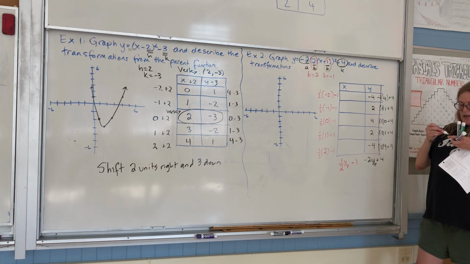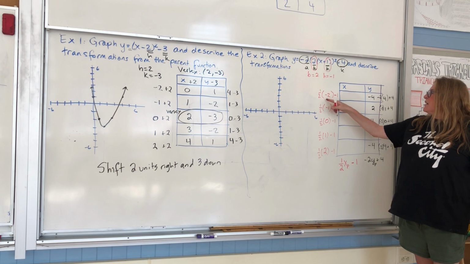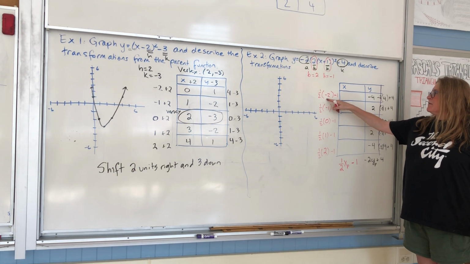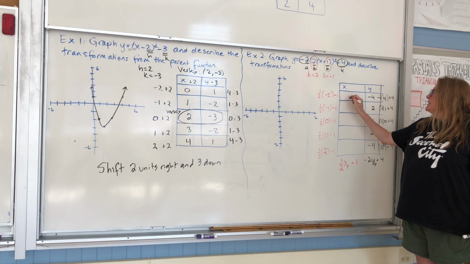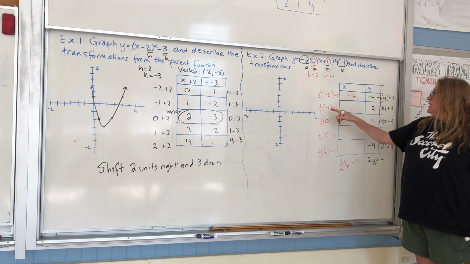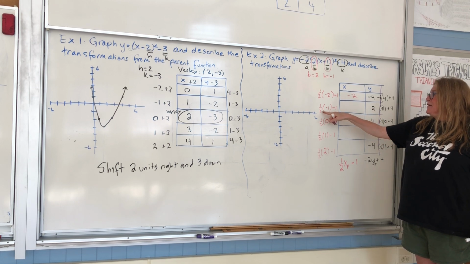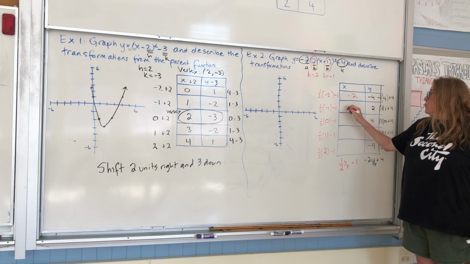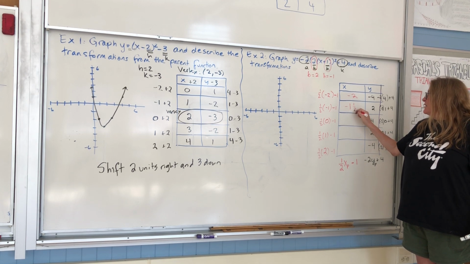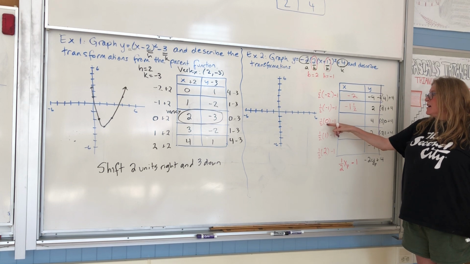Okay, so let's see what we get here. Well, 1/2 times negative 2 is negative 1, right? And negative 1 minus 1 is negative 2. And I'm going to see a pattern here pretty soon. 1/2 times negative 1 is negative 1/2. Minus 1 is negative 1 and 1/2. 1/2 times 0, 0.